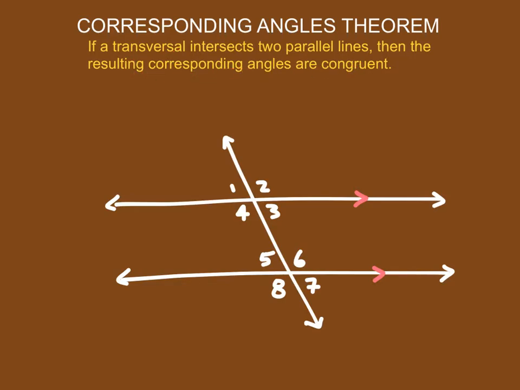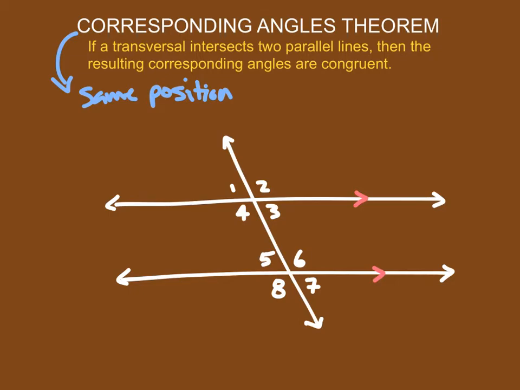So corresponding angles are angles that are in the same position. What I like to think about with corresponding angles is something that corresponds, like the driver's seat in American-made vehicles. It's always in the front left corner.